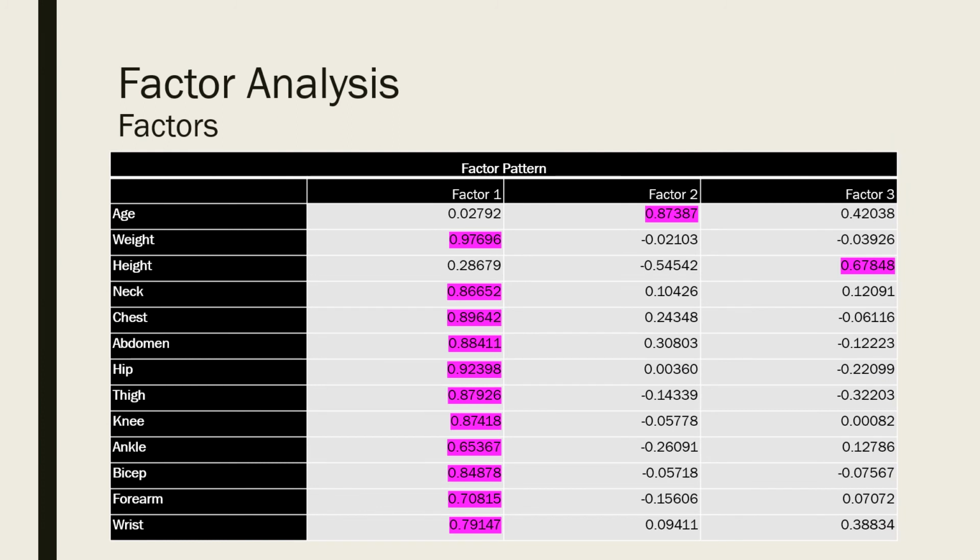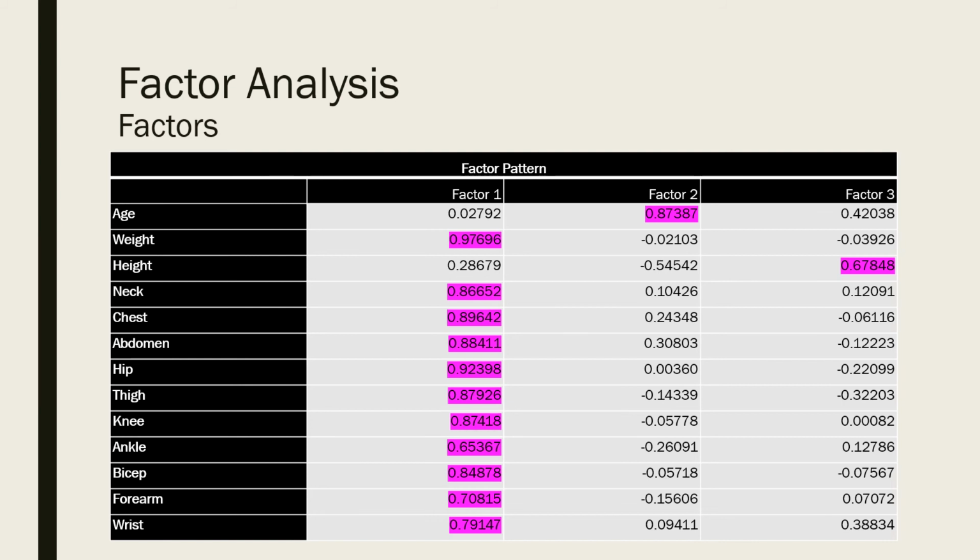This table shows the specific values for the factors that we chose to keep in our final analysis. You can see that first factor includes weight and then all the other measurements, since they were highly correlated among themselves. Those are all explained in factor 1, whereas factor 2 just includes age by itself, and factor 3 includes height by itself.